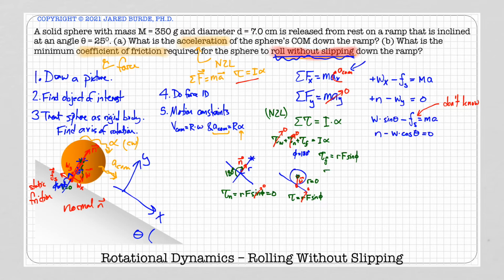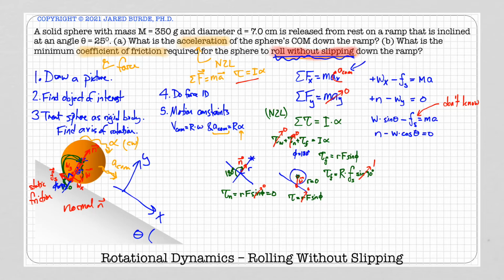R is the distance from the axis of rotation to the point where the force is being applied. This distance right there is capital R, the radius of the sphere. F is the magnitude of the force. In this case, this is our force of static friction, and we just said that sine of phi is going to be sine of 90 degrees because we're already at a right angle there between the force of friction and the radial line. So this term right here is just going to be 1.